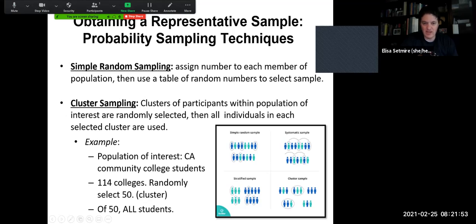And then of those 50, I would ask every single student that goes to those colleges. We can still trim that down a little bit because that would still be an incredible number of people, but that would be an example of a cluster, right? If we wanted all community college students in California, we randomly select 50 clusters or 50 colleges, and of those 50, we ask every single student who goes there.